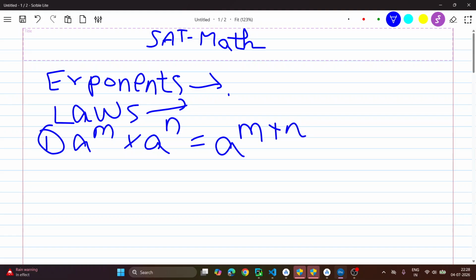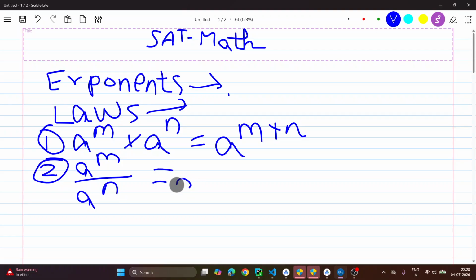I guess this must be pretty easy for you, even to apply. So this is the first law, and then the second law: a power m by a power n equals a power m minus n. So this is the second law.